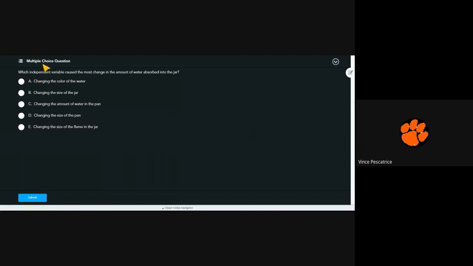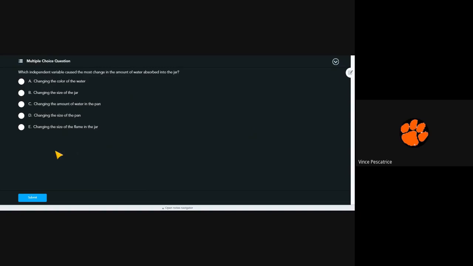All right, so then which independent variable that we changed caused the most change in the height of the water in the jar? So which of these had the biggest change? We just answered that.